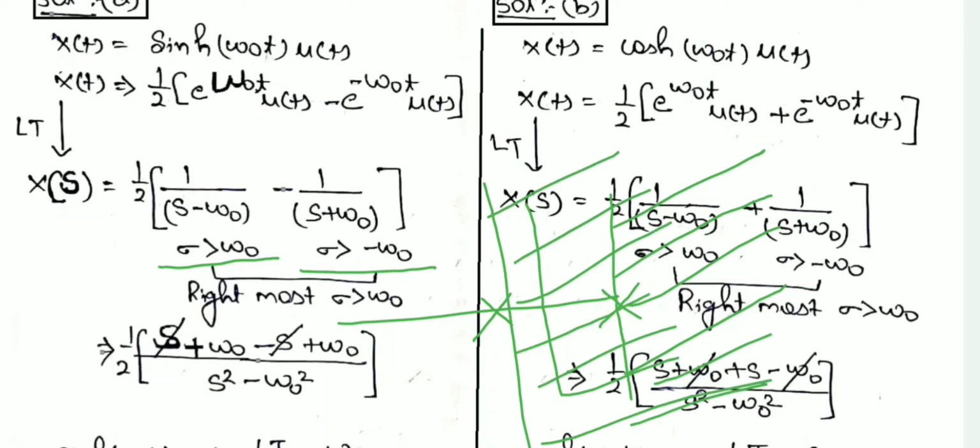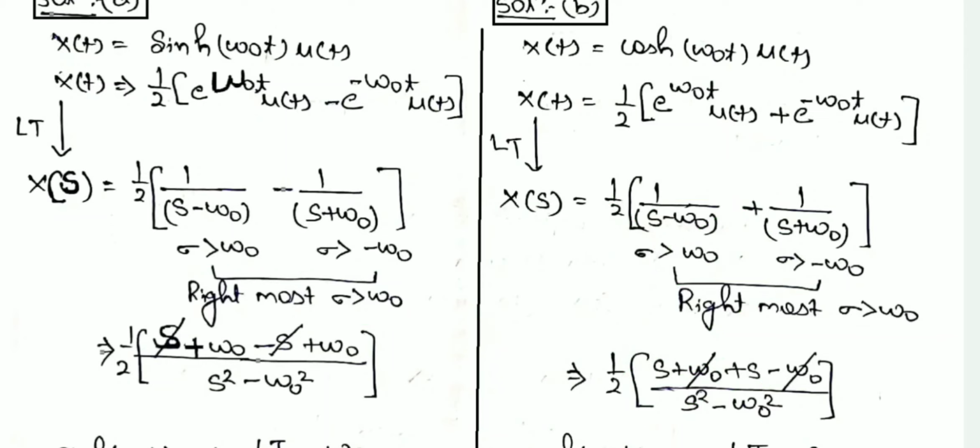From the property of the ROC, the ROC does not contain any pole, therefore it only extends to the right of the rightmost pole, which is sigma greater than omega naught. Therefore our common ROC becomes sigma greater than omega naught. Similar for the cosh case.